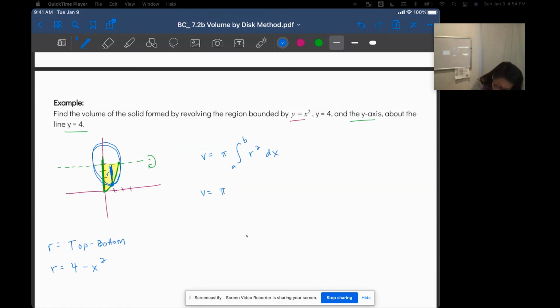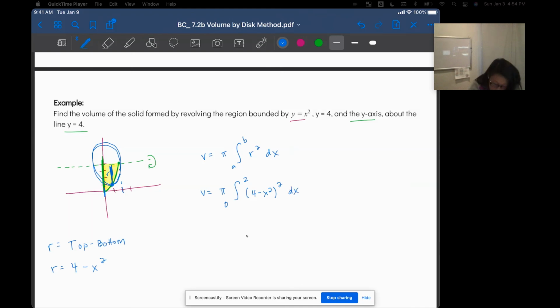So we have the integral from 0 to 2, because that's where the curve intersects the line y equals 4, of 4 minus x squared. Oops, I forgot a squared. 4 minus x squared, all of that squared, dx.